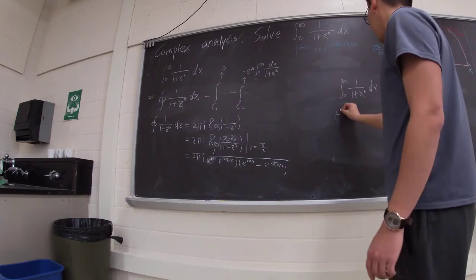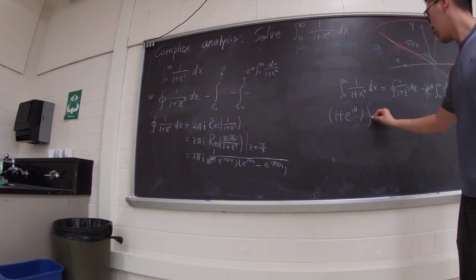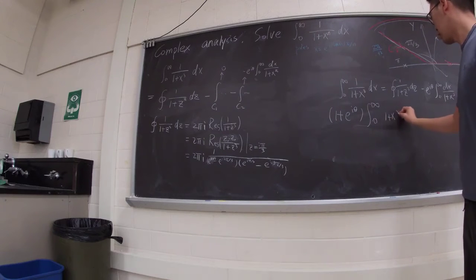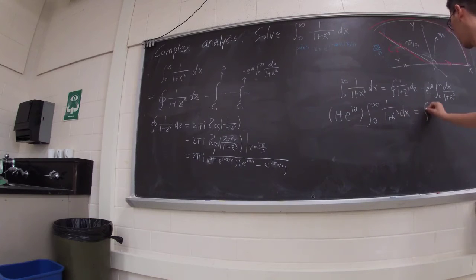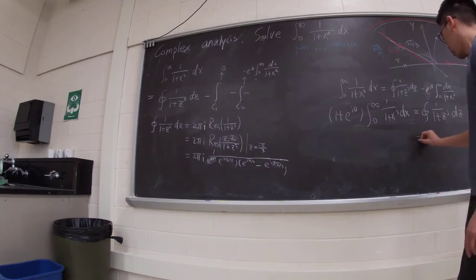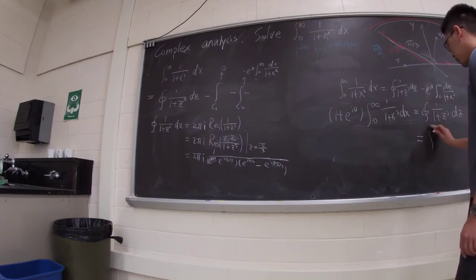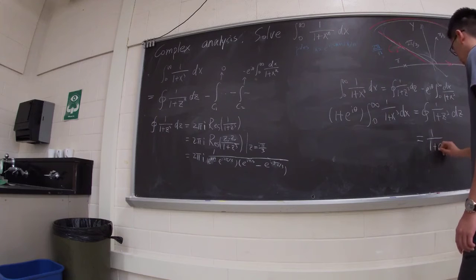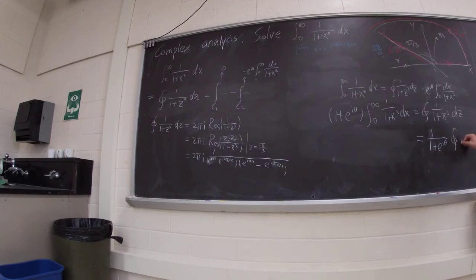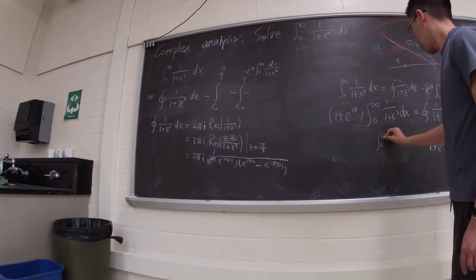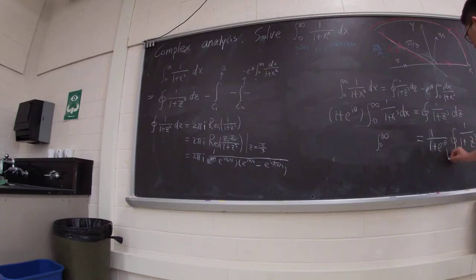Then you have 1 plus e to the i theta times the integral equal to the residue contribution, with theta equals 2 pi over 3.